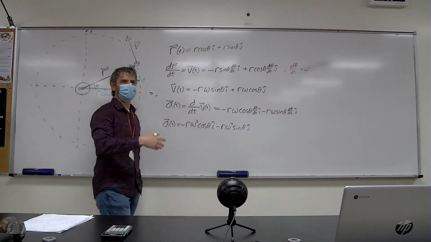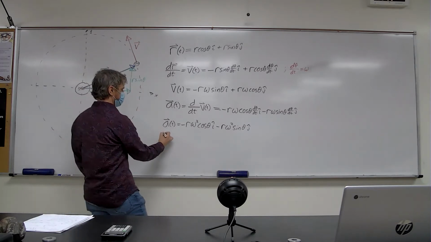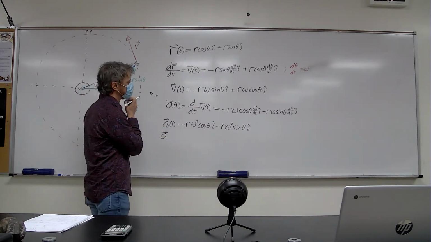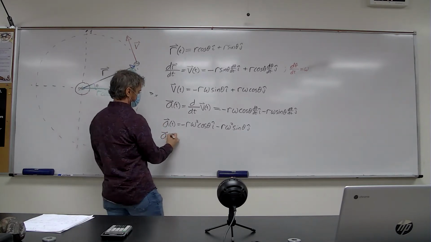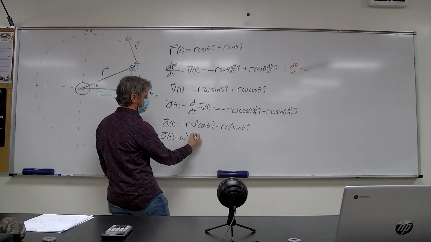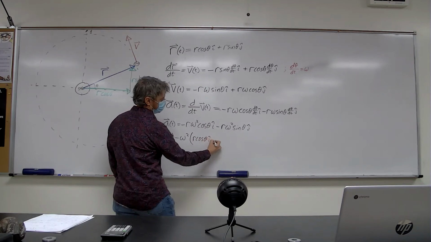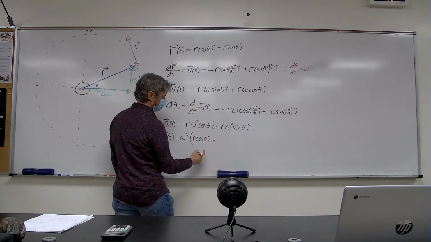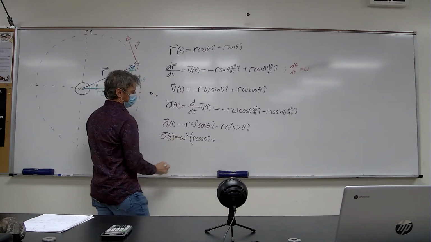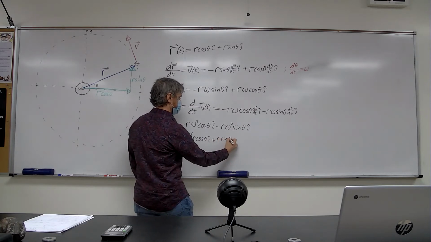I'm going to factor out a negative omega squared. I'm going to leave the r in there, but you could factor it out. So I factor out a negative omega squared, and then on the inside I get r cosine theta times i hat plus r sine theta j hat.